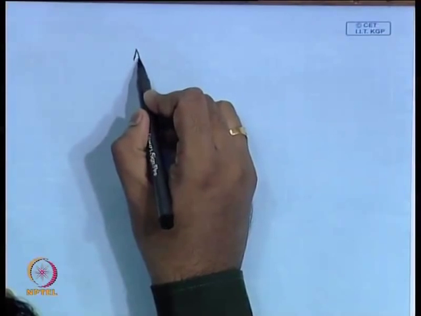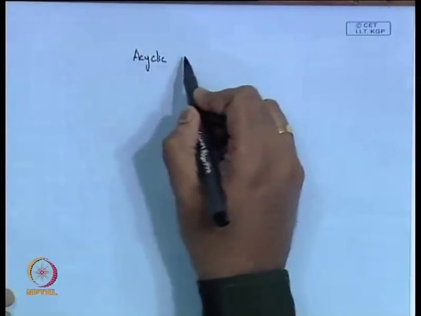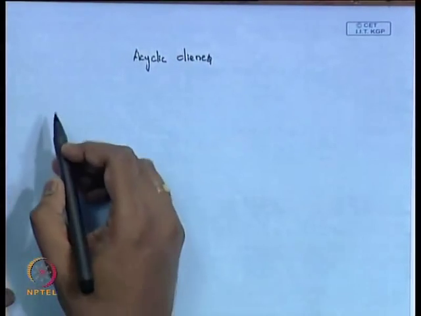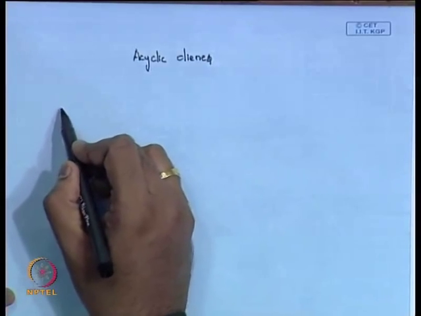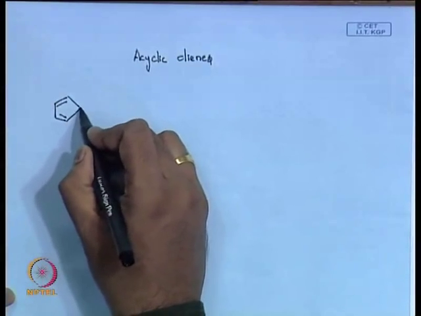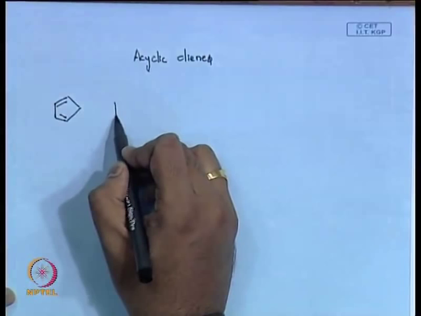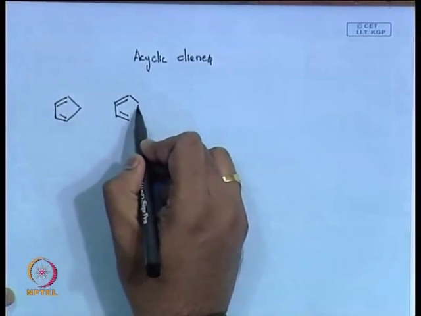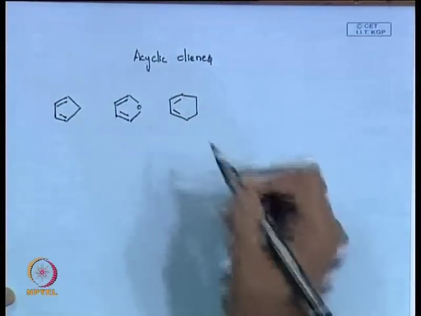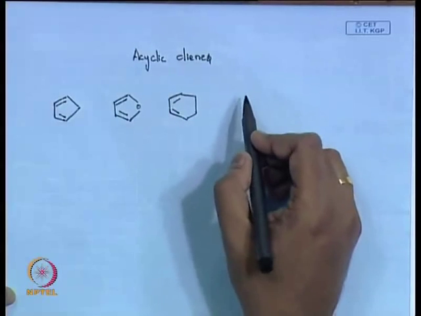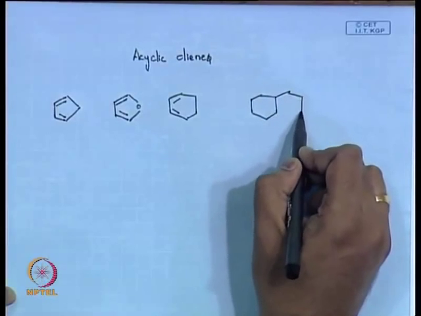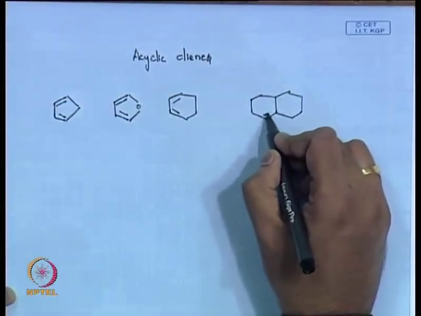for example, if I take cyclic dienes, we will take two cases. We will have cyclopentadiene, furan, or cyclohexadiene as one type, and another class we can talk about is this type of decalin system.